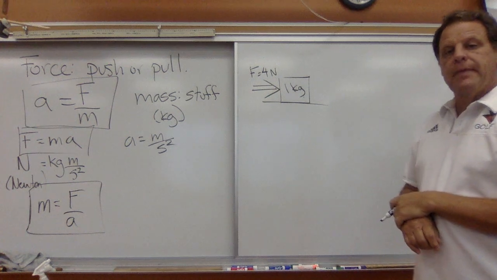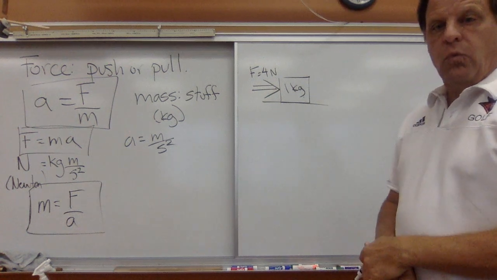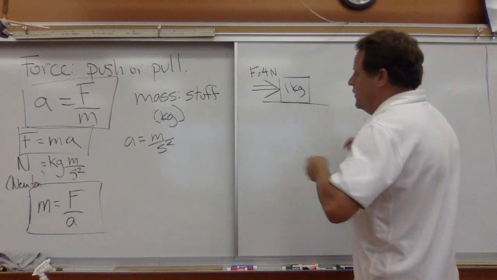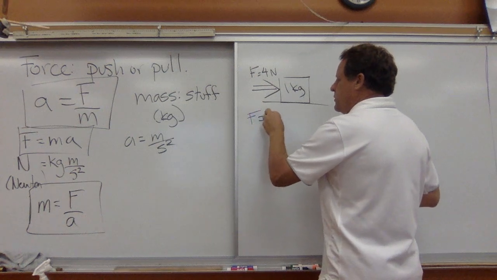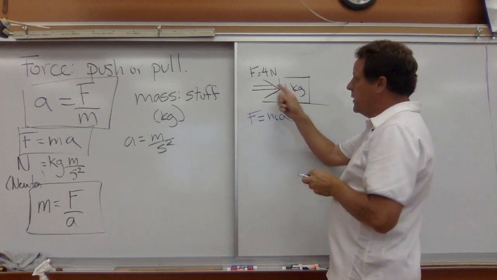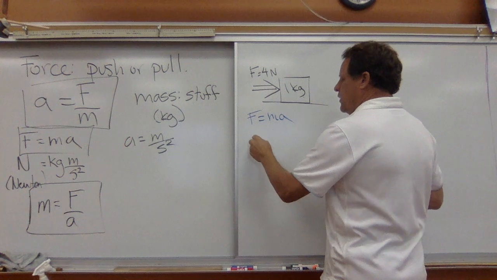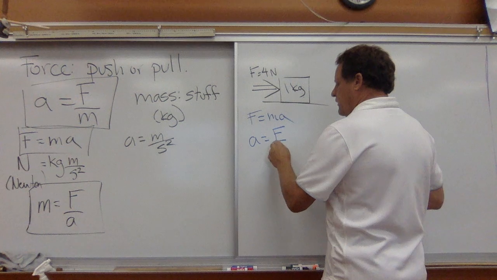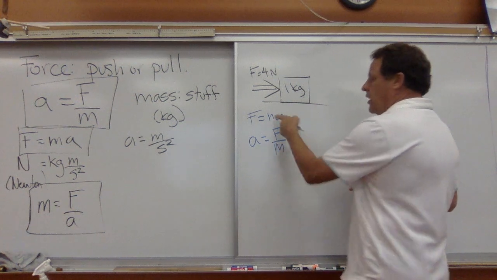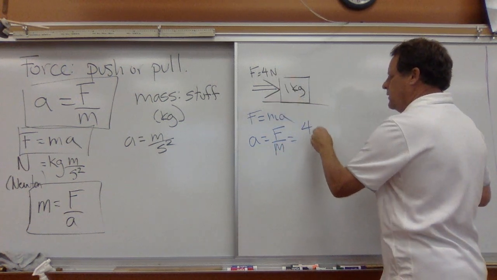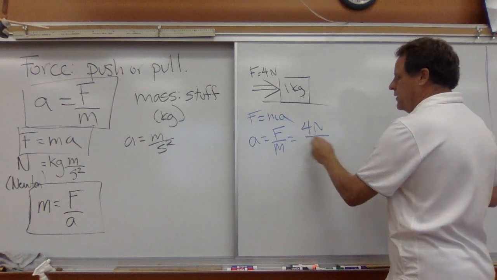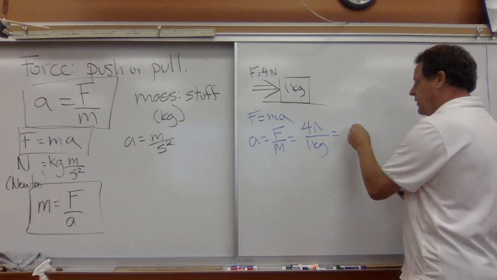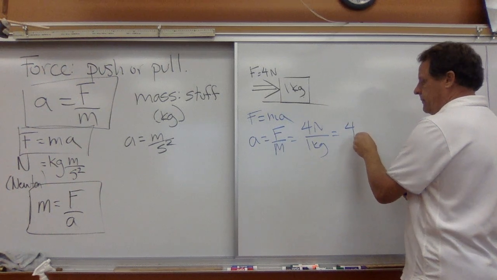Then, what is the acceleration going to be? So F equals ma, and we want to know what the acceleration is, so we can change that around. Acceleration is going to be force divided by mass. Our force is 4, and our mass is 1 kilogram, and therefore our acceleration is going to be 4.